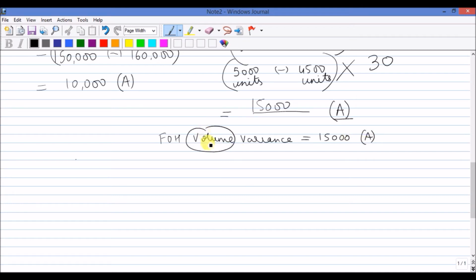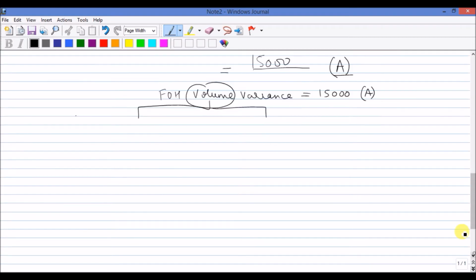The volume variance is divided into two parts. One is the capacity and the other one is the efficiency. Now remember friends, capacity is the working capacity. It is expressed in hours, and a keyword if you want, higher is better.